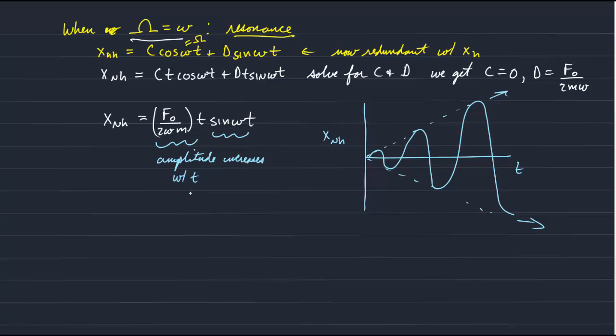Of course, in reality, there'll be mechanical limitations to how big that can get. This is, for example, what leads to the breakdown of buildings in an earthquake, if the earthquake shakes at the resonant frequency of a building.